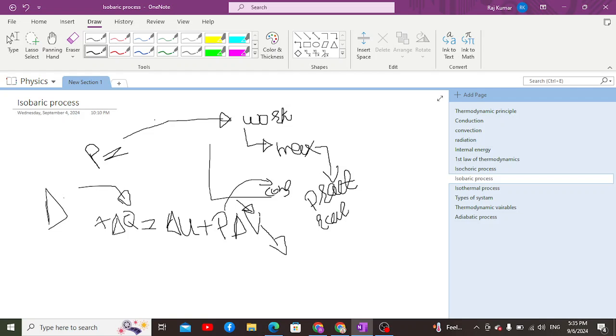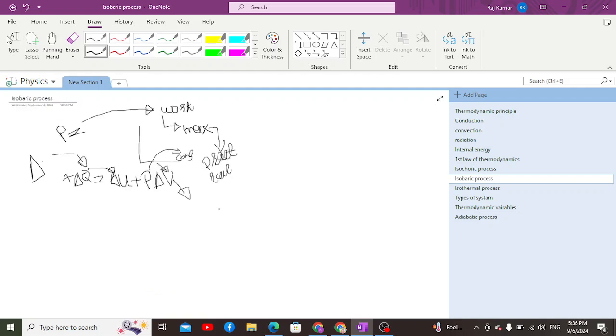If we increase the thermal energy, the thermal energy needs to be converted into internal energy, which is an obvious thing. And once the internal energy is increased, it is converted into the work done, and at that moment the work done will be maximum because of del V being increased due to a constant pressure.